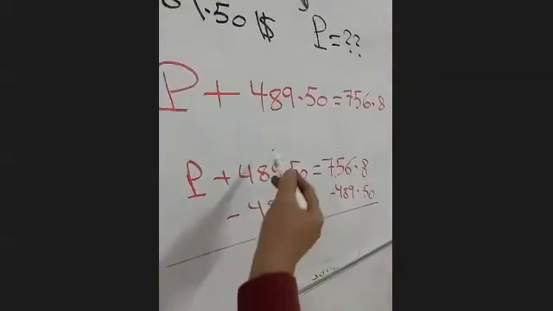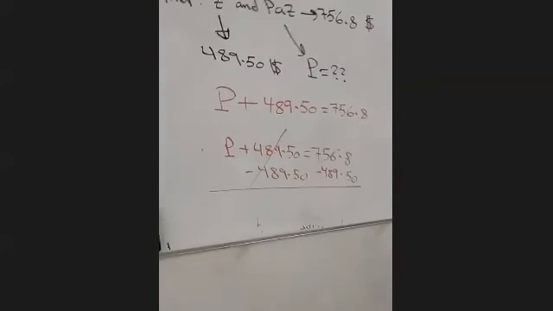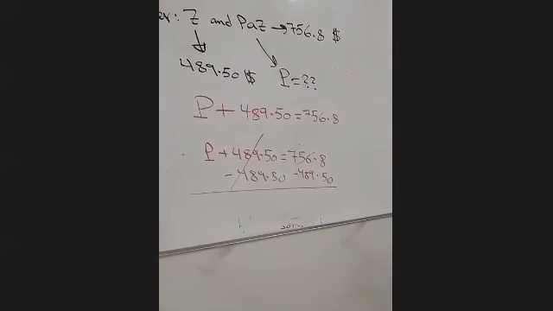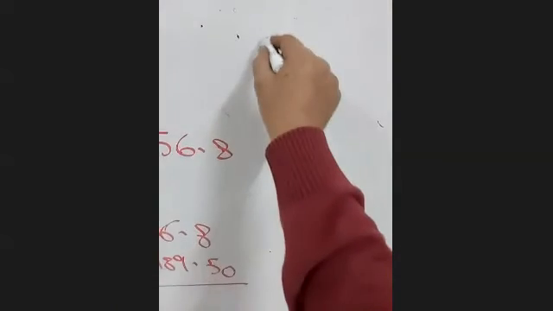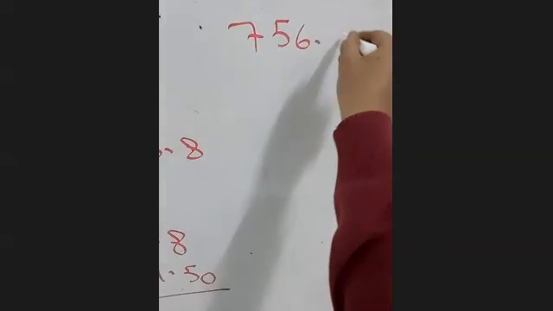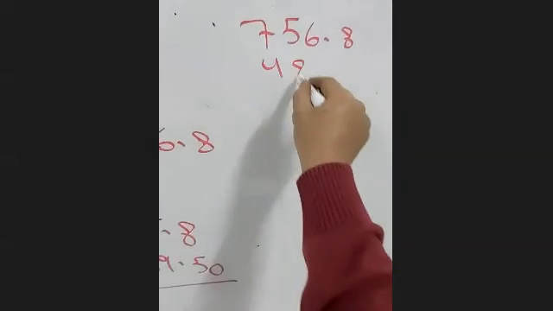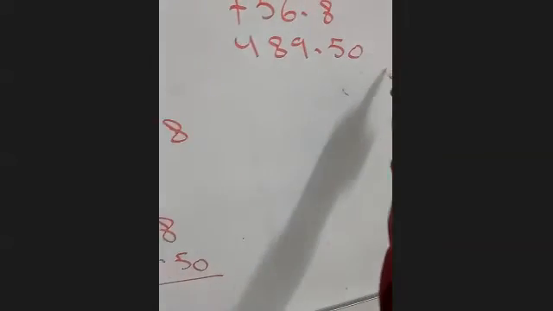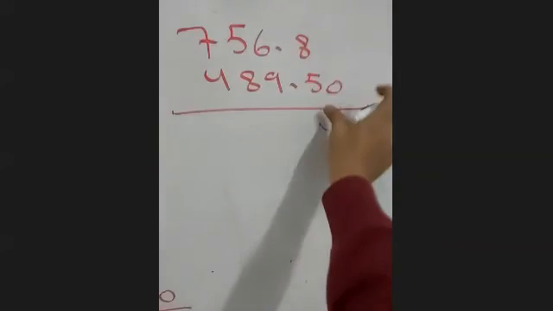These two numbers will be gone because they are the same and we subtract between them. It's now still P equals 756.8 minus 489.50. Here 0, no need for it.